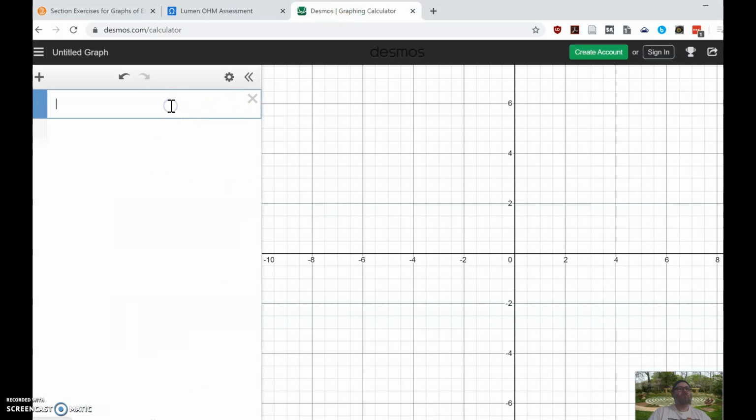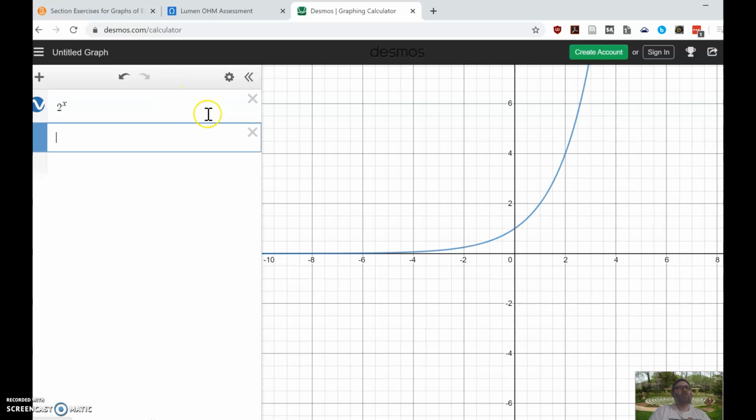So exponential growth might be something like, say, 2 raised to the power of x. And so with exponential growth, you can see the numbers are rapidly increasing, and it approaches the horizontal asymptote as x values get smaller and smaller. On the other hand, we might have something like 1/2 raised to the power of x.